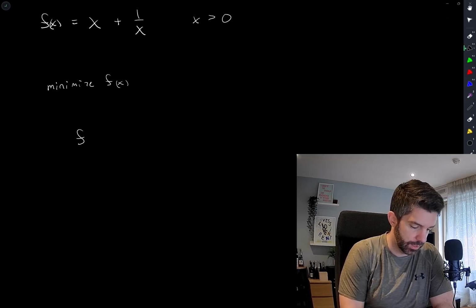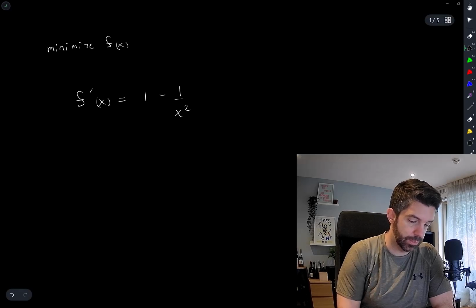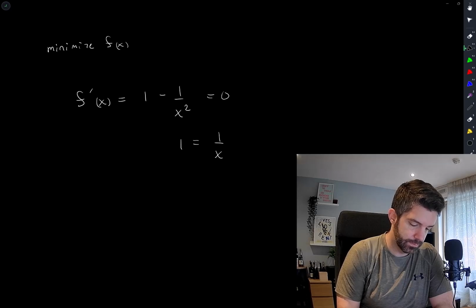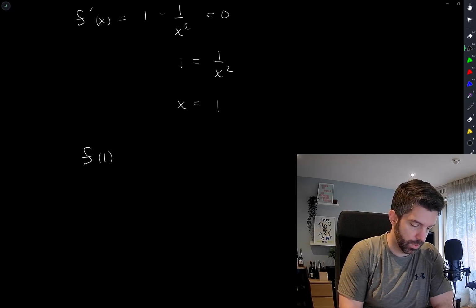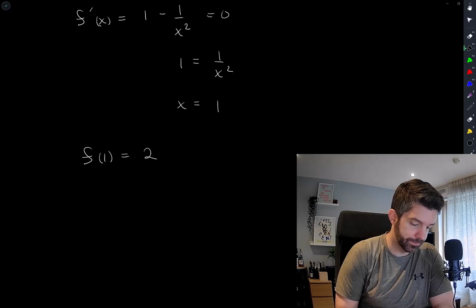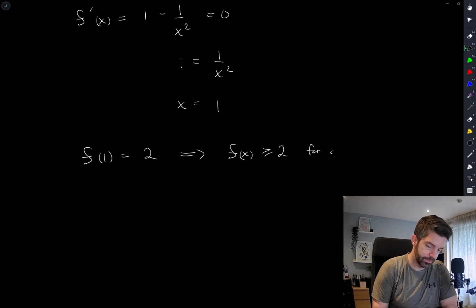So, maybe there's better ways of doing this, but I'm just going to take a derivative and set it equal to 0. So this, of course, says that x is equal to 1. F of 1 is equal to 2. And so this means f of x is greater than or equal to 2 for all x.